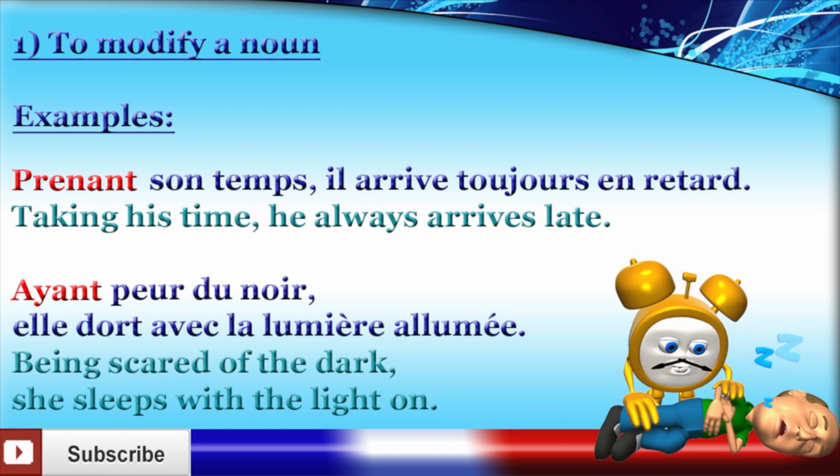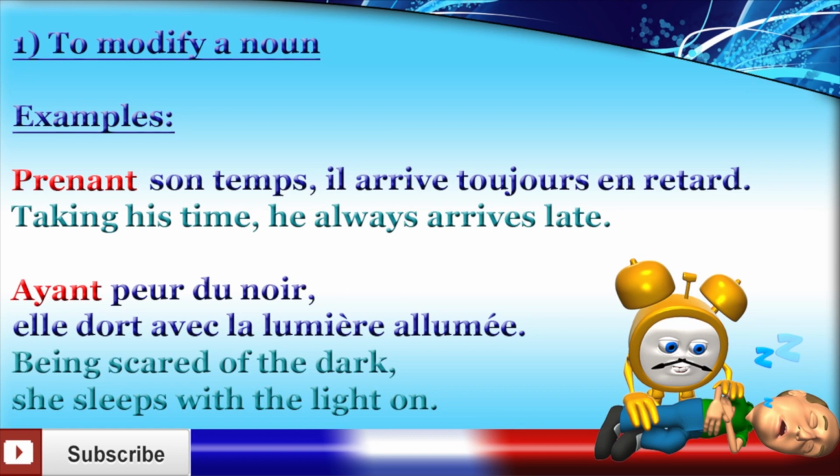This example may seem a little bit trickier because, as you may have noticed, we've used the verb avoir followed by a noun in French to say being followed by the past participle scared in English. But the reason for this is simply that sometimes we have to use the verb avoir in French, when in English you would use the verb être, to be.